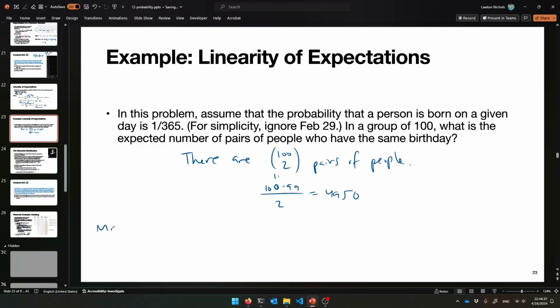Here's how you can solve it. Let's make a bunch of random variables. P1, P2, they're all going to correspond to one of these pairs. P1 for the first pair of people, P2 for the second pair, P3, all the way to P4950.